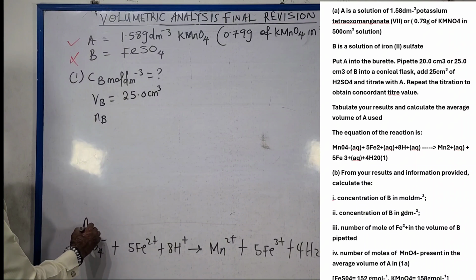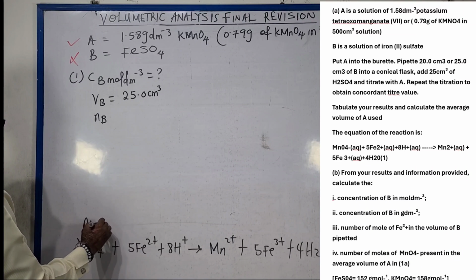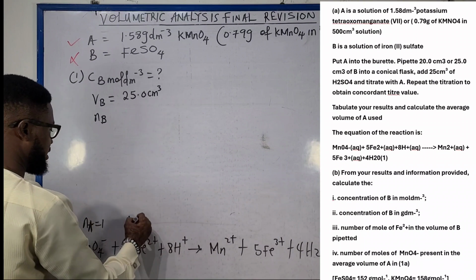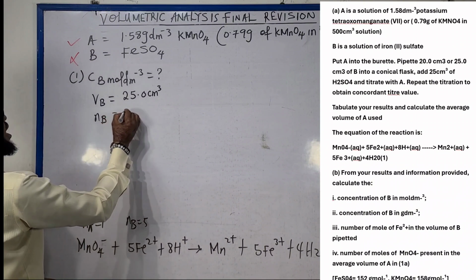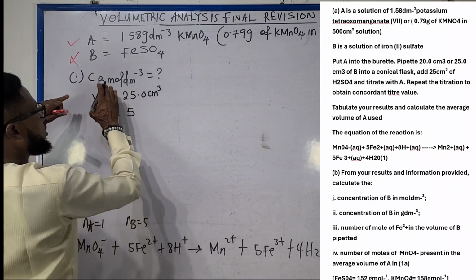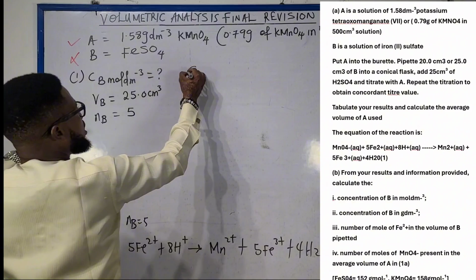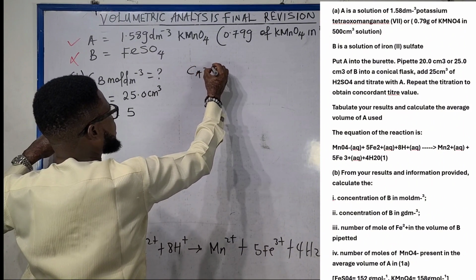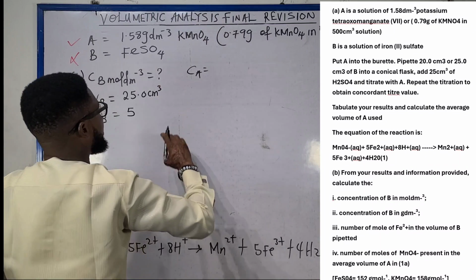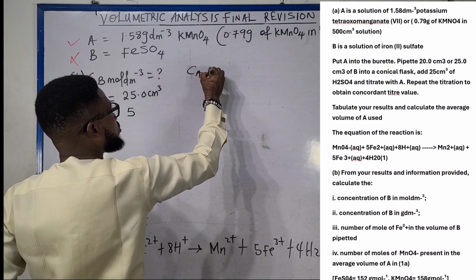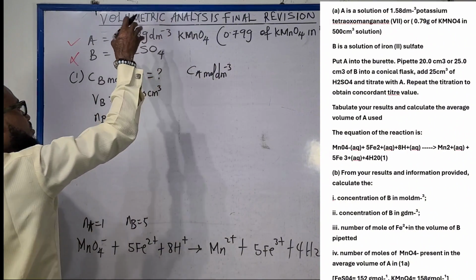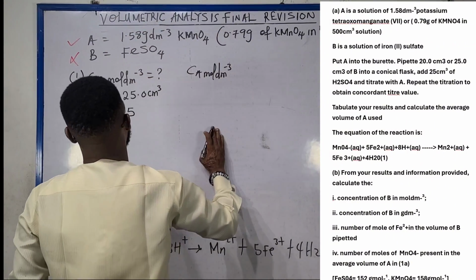Here, Na is 1, and Nb, this is our B, iron sulfate, is 5. So for me to be able to unlock the concentration of B in mol/dm³, I'm going to need the concentration of my A in mol/dm³ from this particular figure I'm given.